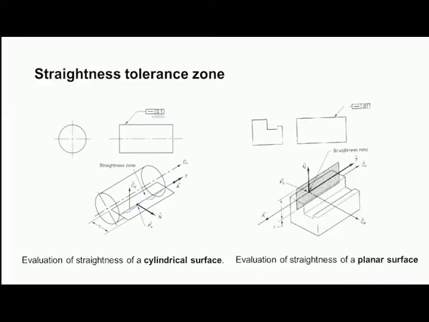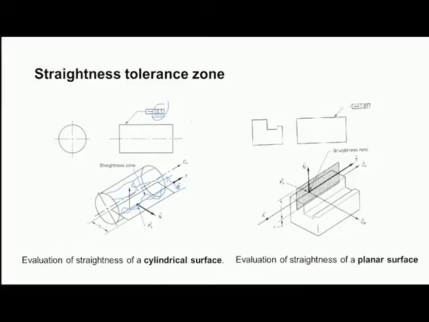If you take one generator on this particular cylinder, this variation should not exceed this 0.1 millimeter. This is the straightness tolerance. That means, this gap is 0.1 millimeter. Like this, we have to consider many generators, we have to make measurements on many generators, and in all the generators, if the error is within 0.1, then the cylinder is said to be straight.